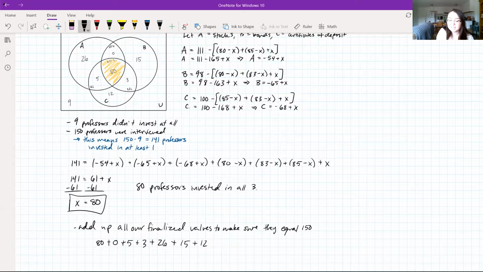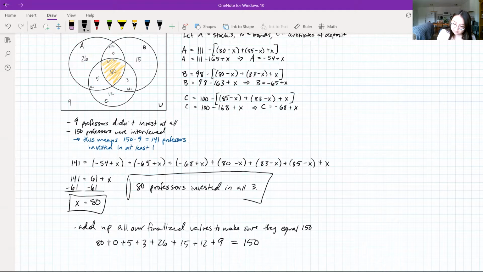Then we have the 9 that didn't invest in anything. And if you add this up all on your own, you should get that it's equal to 150. That is how we know that our answer of 80 professors invested in all 3 is correct.